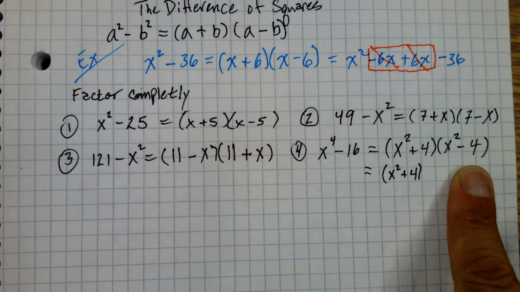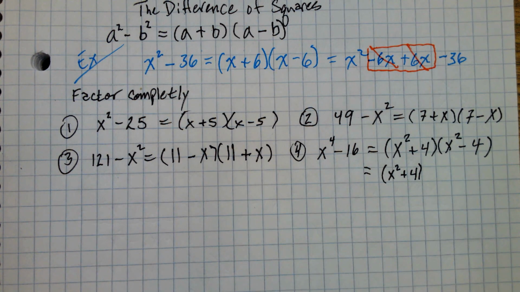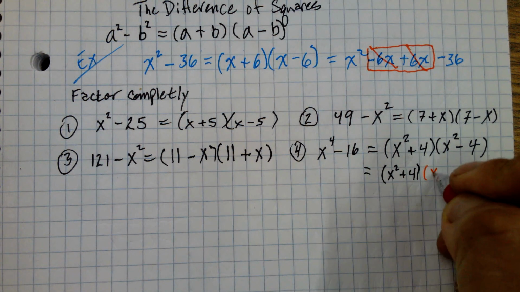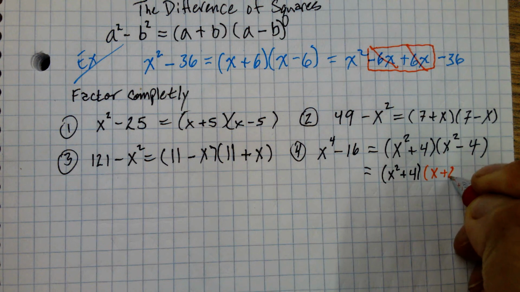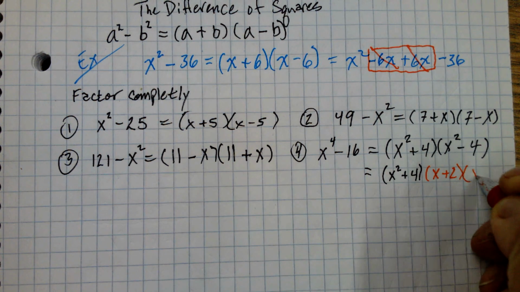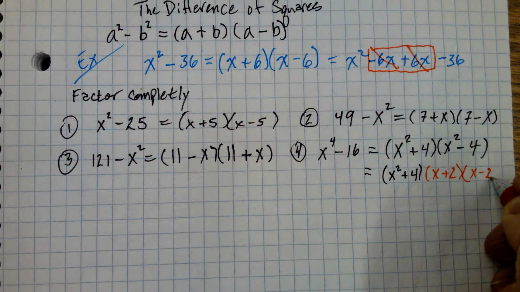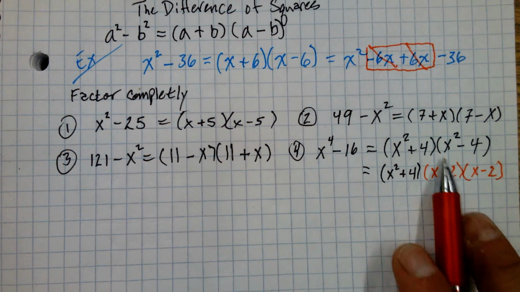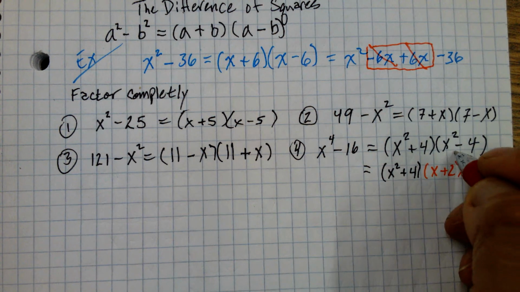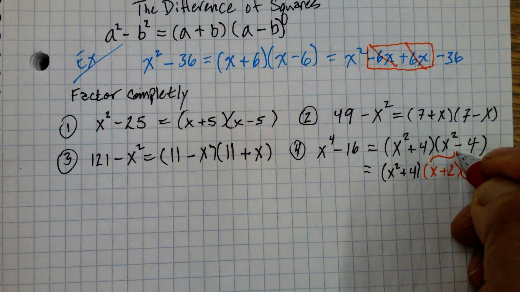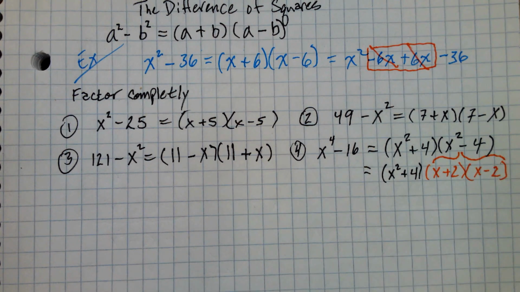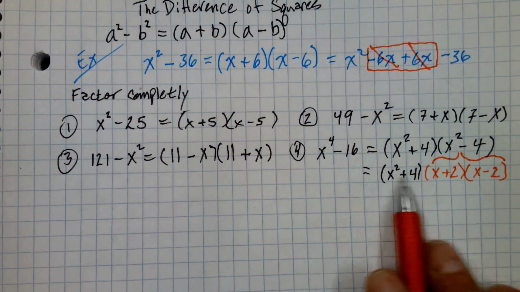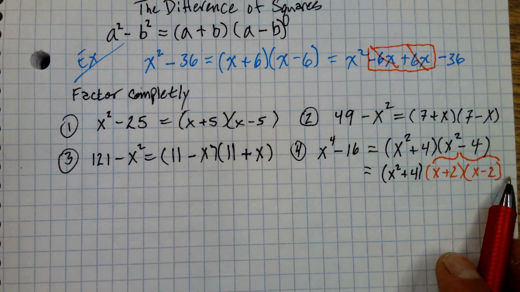But this breaks down into x plus 2 and x minus 2. Okay, if you break something down and you still have a difference of squares, you can still break it down. So this is actually this. Okay.